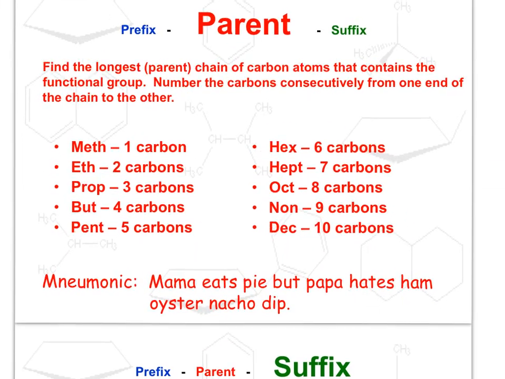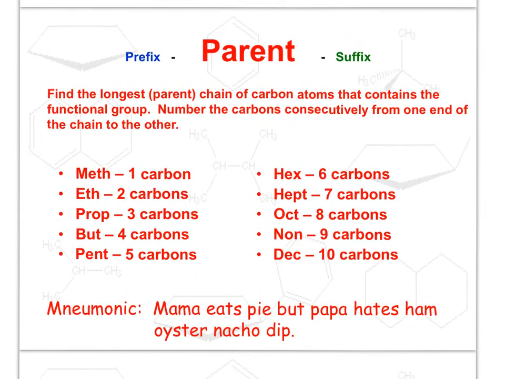We're going to start with the parent, the middle name, first. What you do is find the longest chain of carbon atoms that contains the main functional group. To do that, you count the carbons without lifting your pen or pencil off the paper, and you count how many carbons there are. If the longest chain of carbons is only one carbon, that gets the name meth.